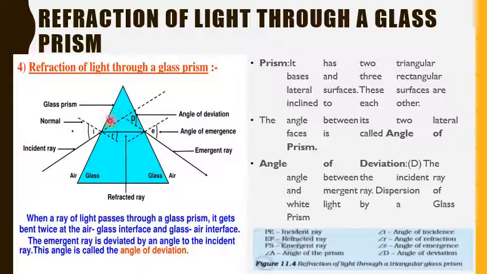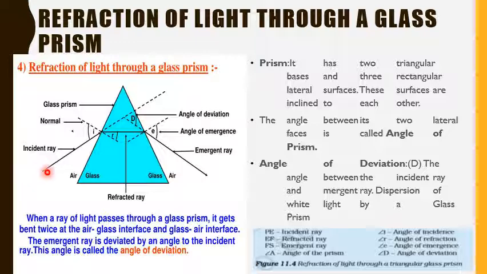Now this is glass. Prism is made up of glass. Outside it is air medium. So air is a rarer medium. Glass becomes the denser medium. Here the density is more.